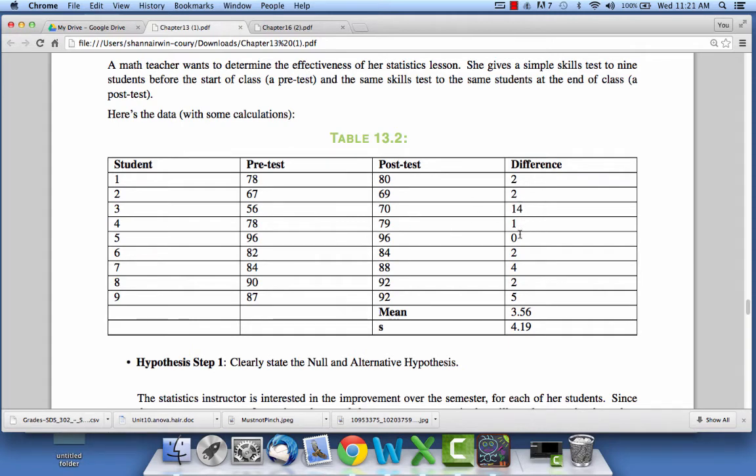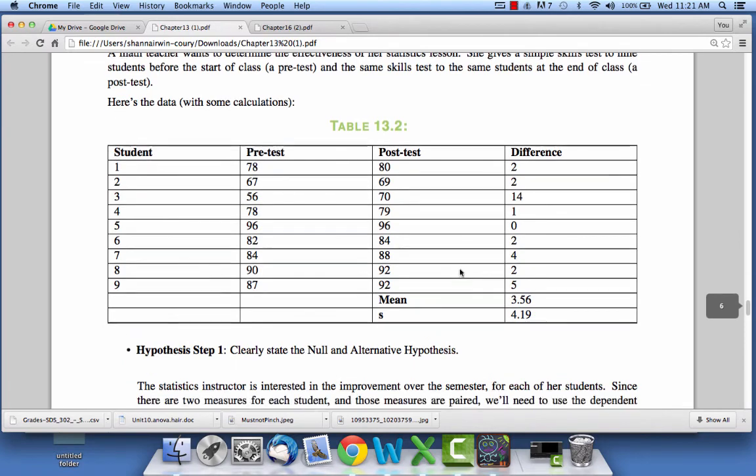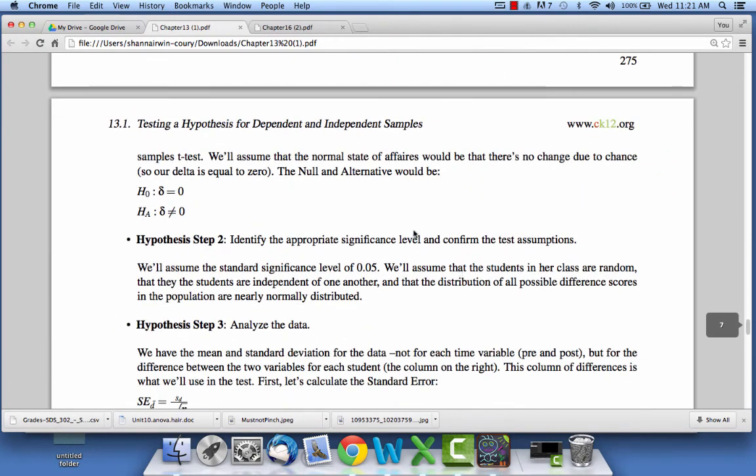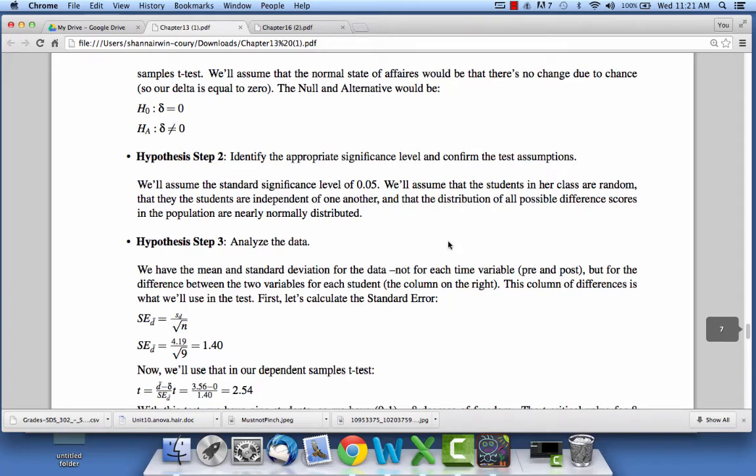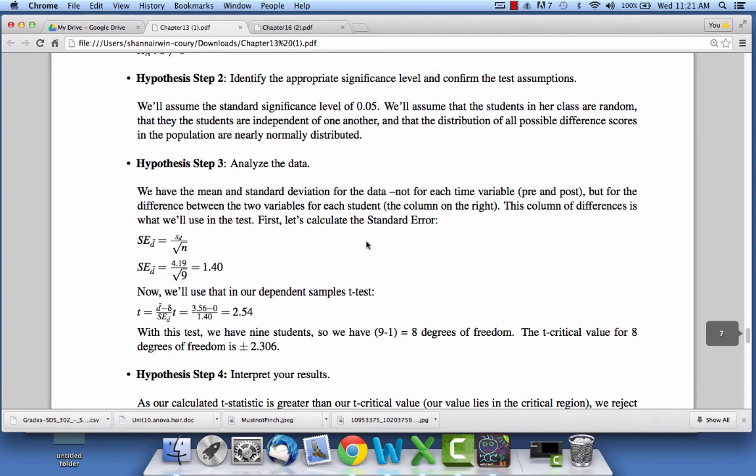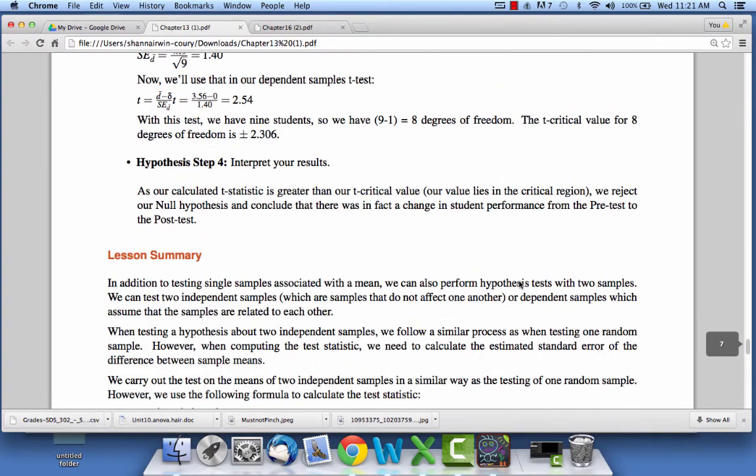So each of these is positive or 0 because they went up. So we do not take the absolute values. The null hypothesis is going to be that delta is 0. The alternative hypothesis, delta is not 0. Okay, so we'll use 0.05. And so here's what they did. And of course you can read this.